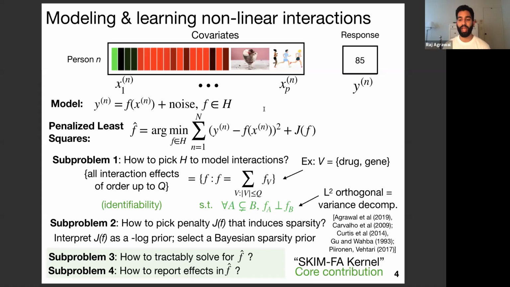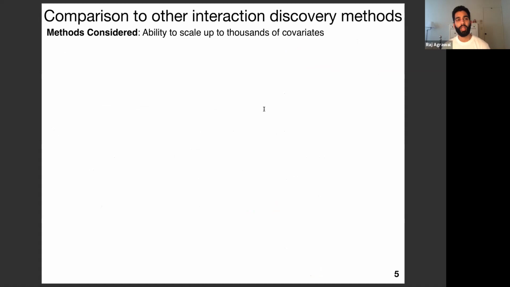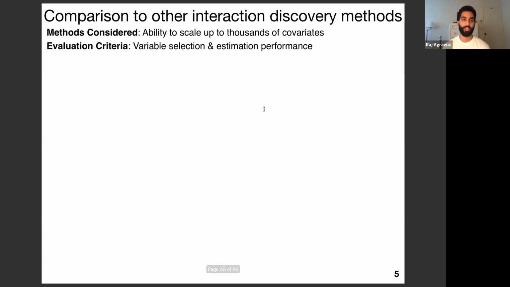But let's see how SKIM-FA kernels actually perform in practice. In terms of comparison, we looked at methods that could scale up to at least thousands of covariates, because the problems we are interested in are pretty high dimensional. In terms of evaluation criteria, again, we're interested in identifying what covariates the response actually depends on and estimating those effects.